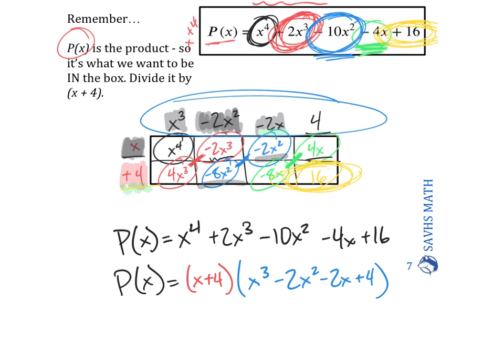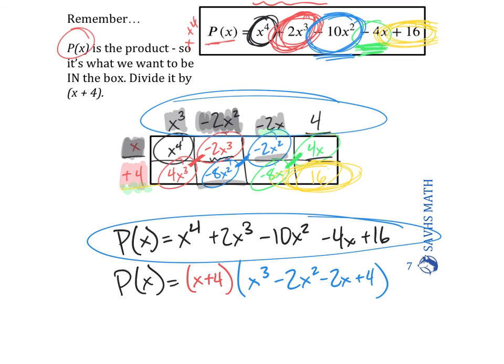I got that from the top of the box. So what I did was I divided this polynomial p of x by x plus 4. That allows me to figure out what the quotient is, the answer to the division problem right here. And then that allows me to rewrite my polynomial as a factor times another polynomial.